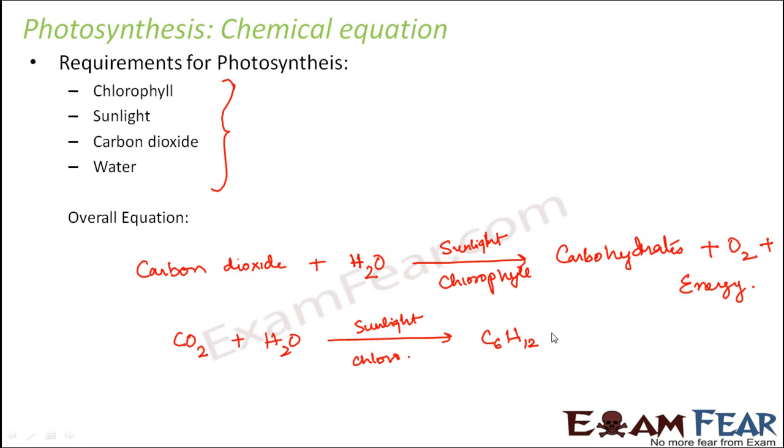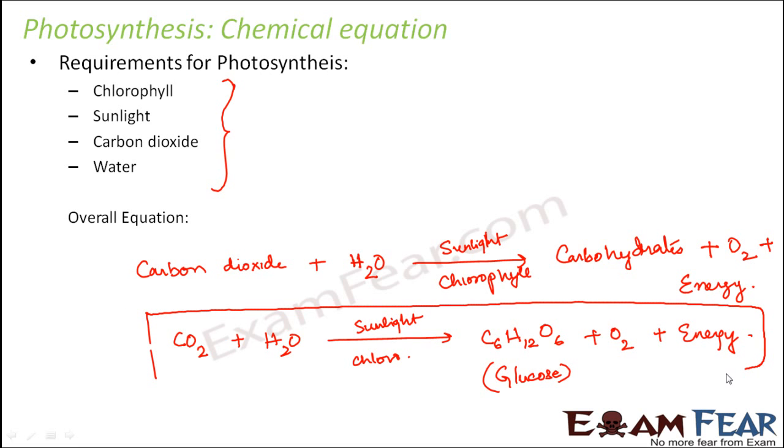The simplest carbohydrate is glucose, which is C6H12O6. So glucose is a carbohydrate, plus oxygen, plus a lot of energy. This is the reaction that takes place during photosynthesis.